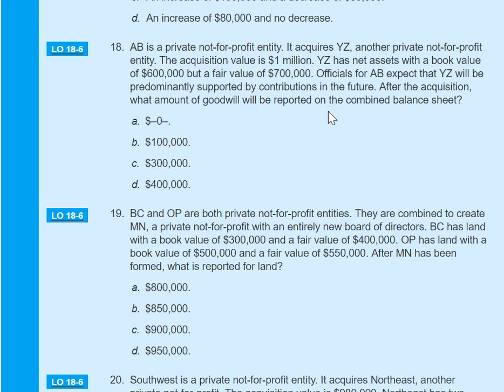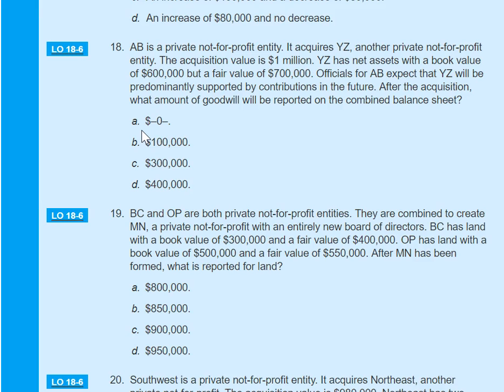If their future earnings will come from dues or fees, a kind of certain source, then they can record goodwill. But here it says that they will be predominantly supported by contributions in the future, which is some sort of uncertain condition. So in that case, they cannot record any goodwill. So here the goodwill amount will be 0. So the answer is A.